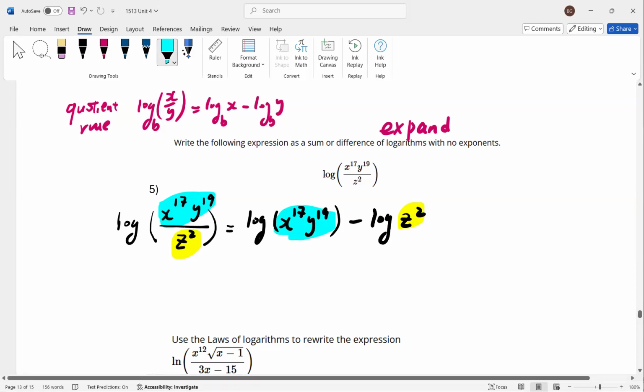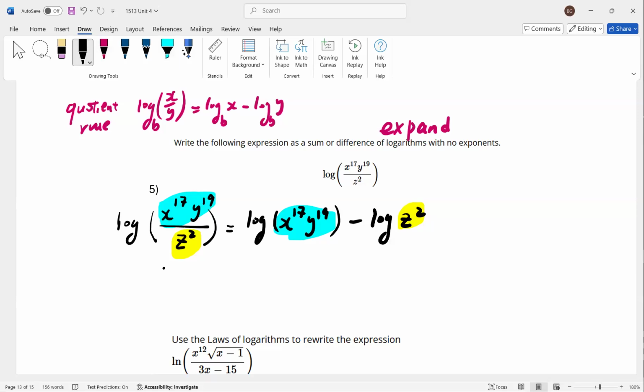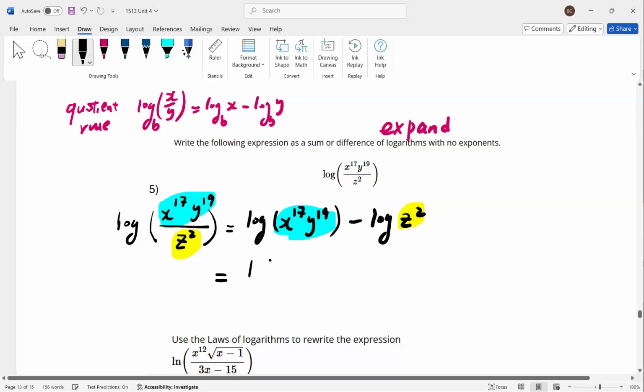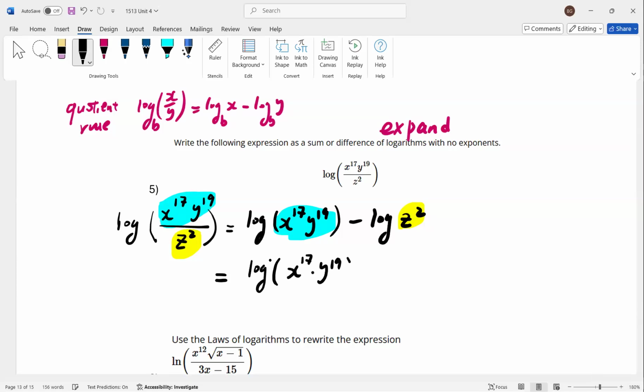All right, in this step we applied the quotient rule. Since the argument is a quotient, blue over yellow, we could rewrite that log as a difference of two logs, log blue minus log yellow. But we are not through yet. The expansion is not thorough yet. We have to keep going. Because we notice the blue log, I'm going to rewrite it using two different colors.